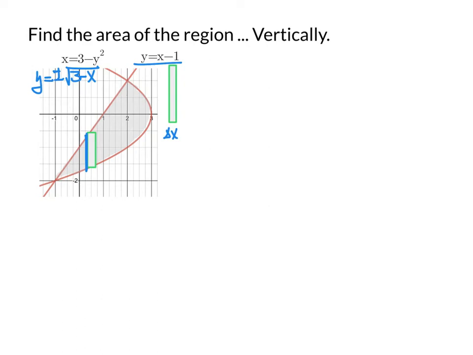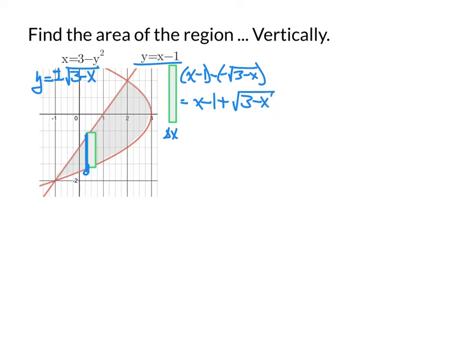So the height of our representative rectangle is going to be big curve minus little curve, and in this case the big curve is x minus 1. And we subtract off the little curve, which since we are on the bottom of this would be negative square root 3 minus x, which simplifies down to x minus 1 plus square root 3 minus x.